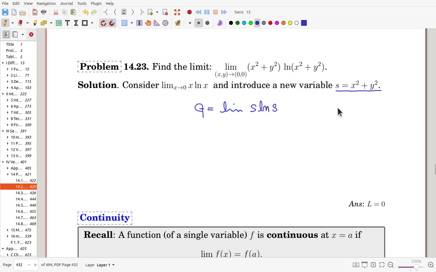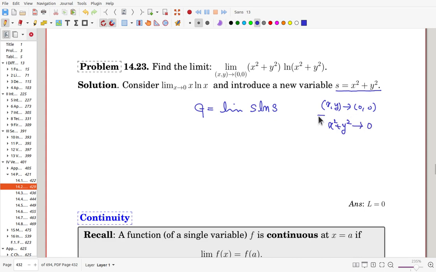Now, once (x,y) approaches (0,0), then x squared plus y squared must be approaching 0.